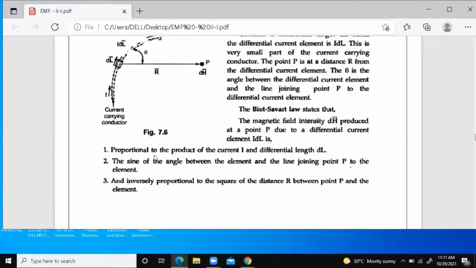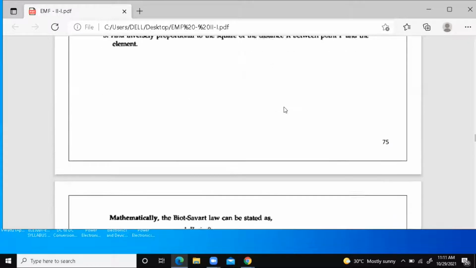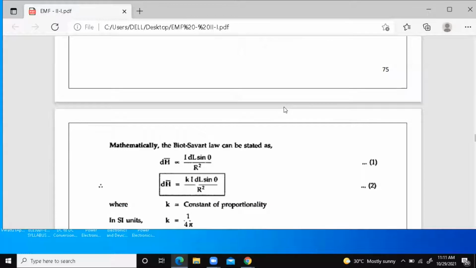So it's directly proportional to I dL and sine theta, and inversely proportional to R squared.